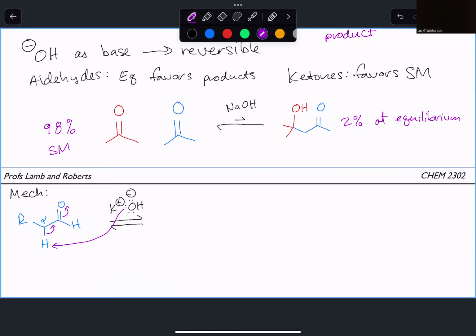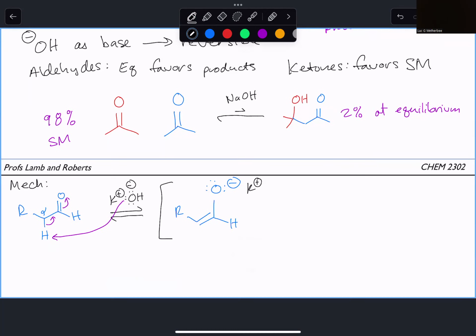Push our electrons up into the oxygen, like so. So remember, this is the resonance structure that we want to draw for enolates because it's the most stable one.